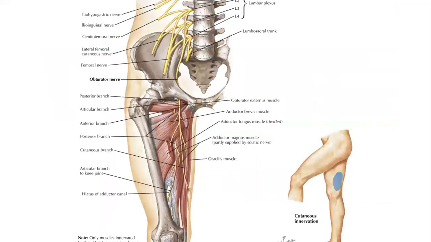Okay. Next we have the adductor longus muscle. Here in this diagram, its two cut ends are shown.